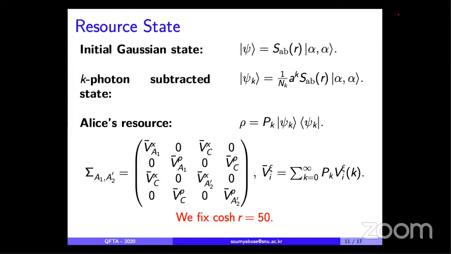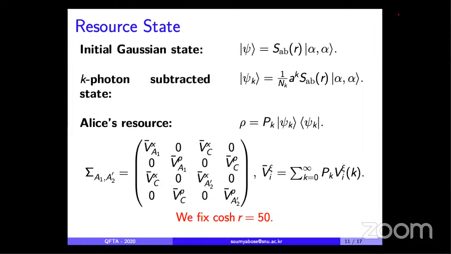But in this case, we just set a flag at the photon detector. We just want to know whether the photon is detected or not. We don't want to emphasize how many photons are detected. One can say that if we set a flag at the photon detector, we can always separate them, like one photon subtracted, two photons subtracted.